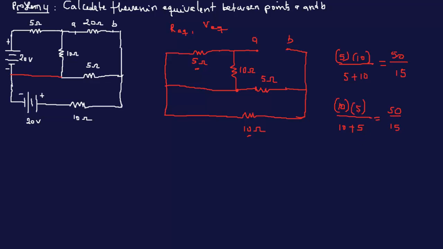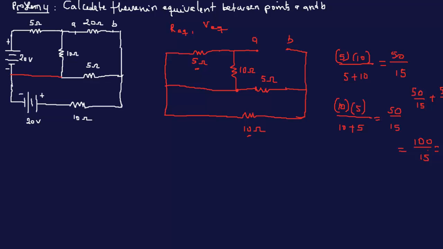So now they're going to be in series together, so we add them together, so that's 50 over 15 plus 50 over 15. I hope I'm not confusing you with the writing. So now we have 100 over 15. So this is 100 over 15, whatever that is.